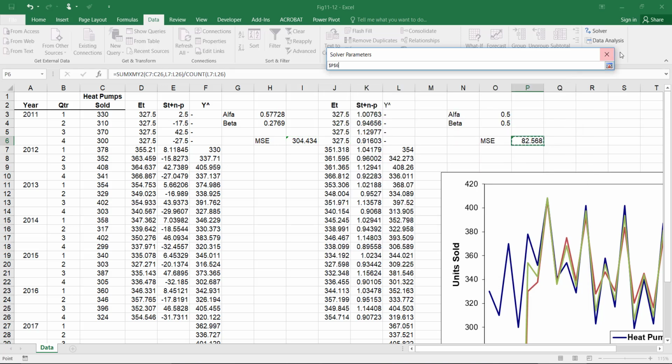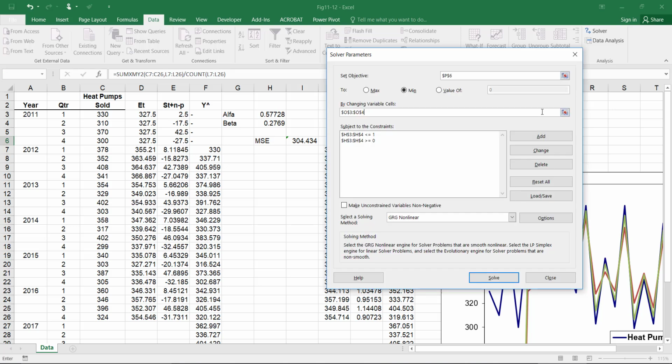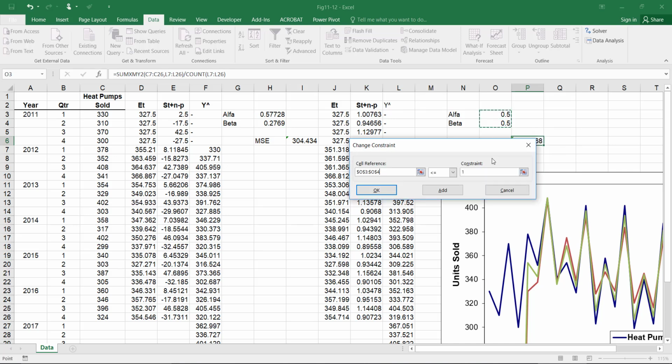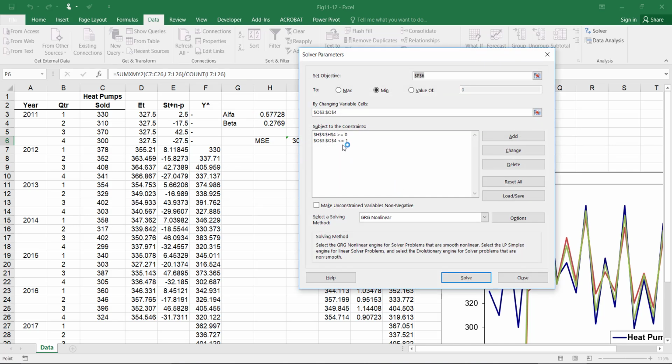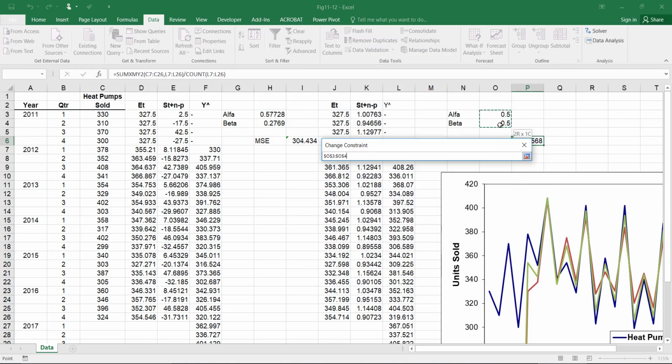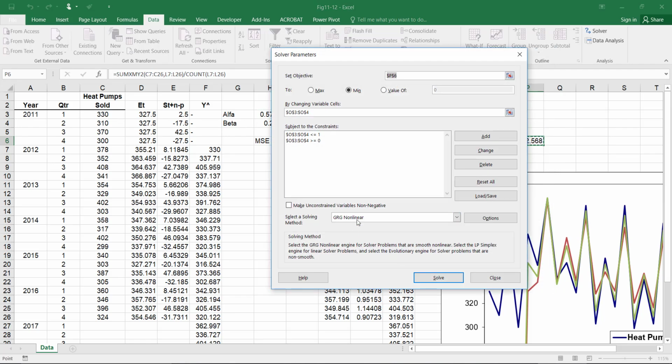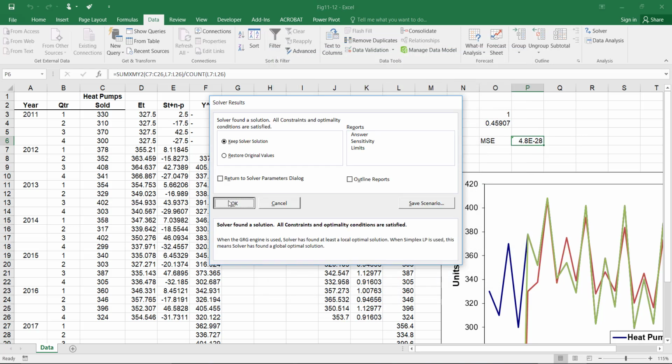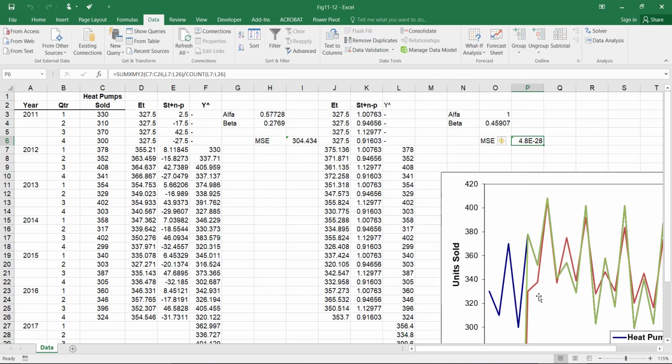The objective function is this, and the decision variables are these, and they are less than 1 and they are positive. So this is the setup, and we use GRG Nonlinear.